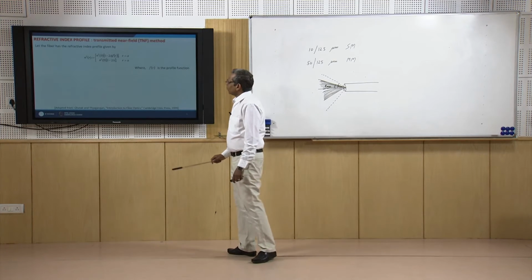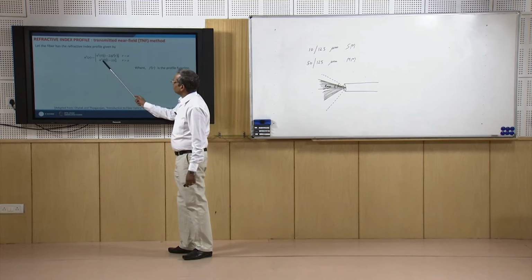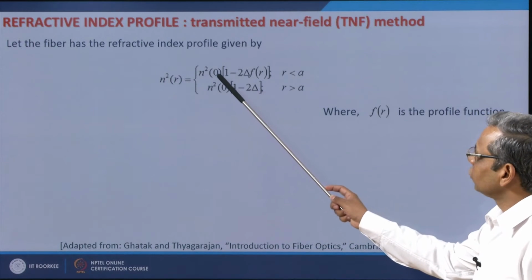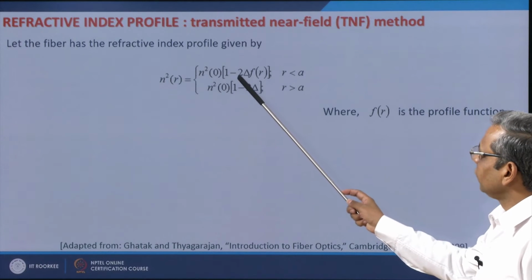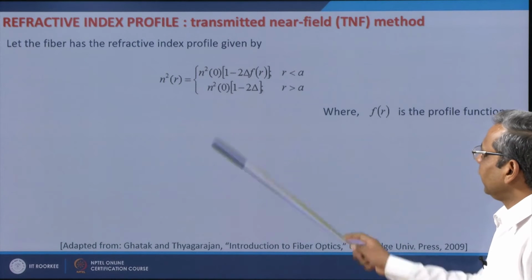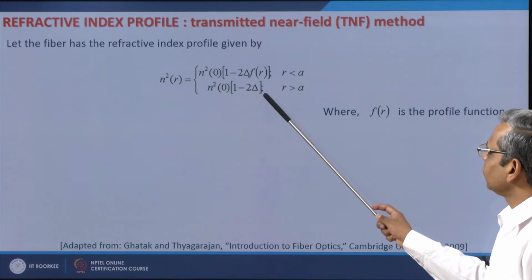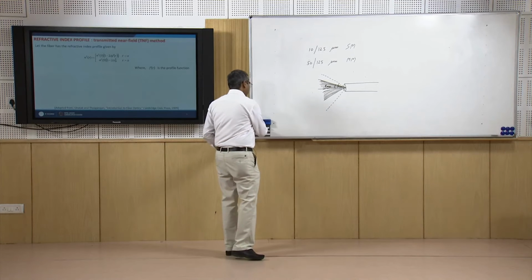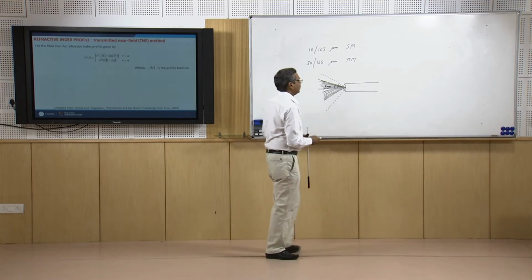So, if the fiber has a refractive index profile given by n square is equal to n square 0 times 1 minus 2 delta f(r) in the core, and n square 0 times 1 minus 2 delta in the cladding, where delta is the relative core cladding index difference.